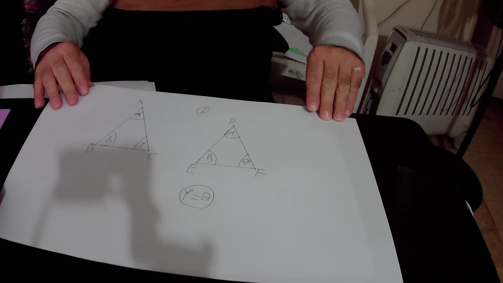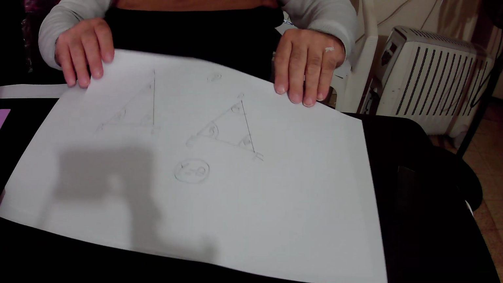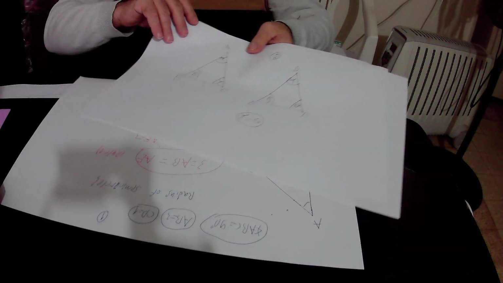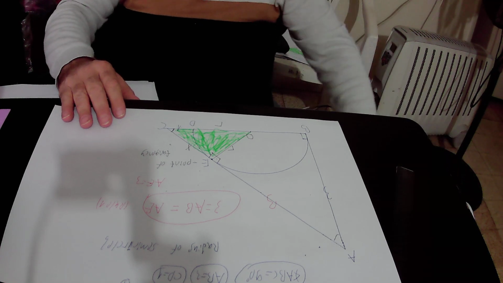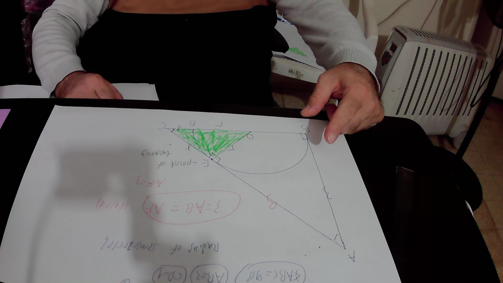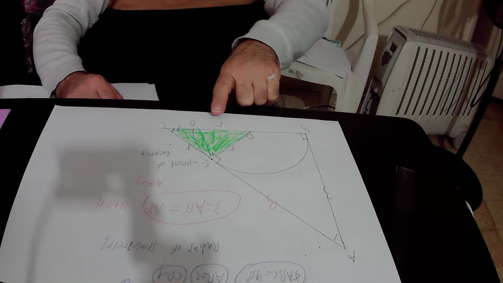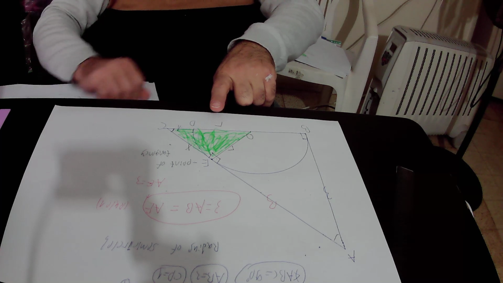So we proved in our original drawing that triangle ABC has three angles congruent to three angles of the green triangle, triangle OEC.